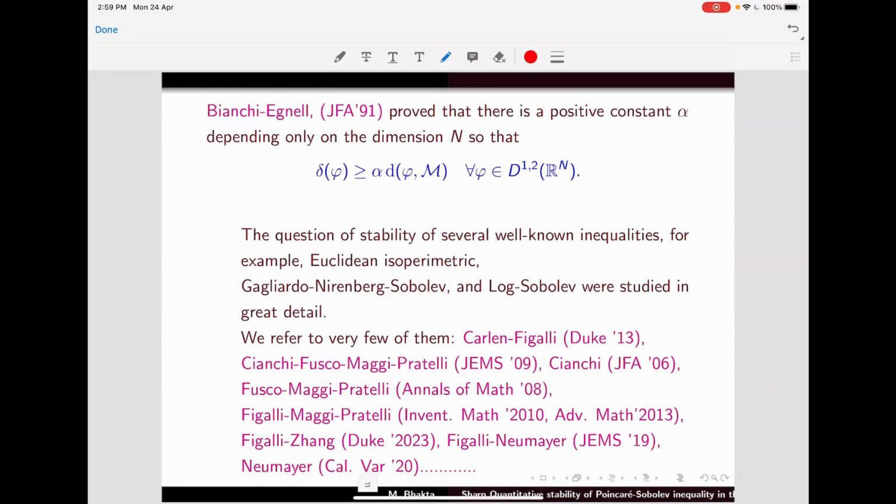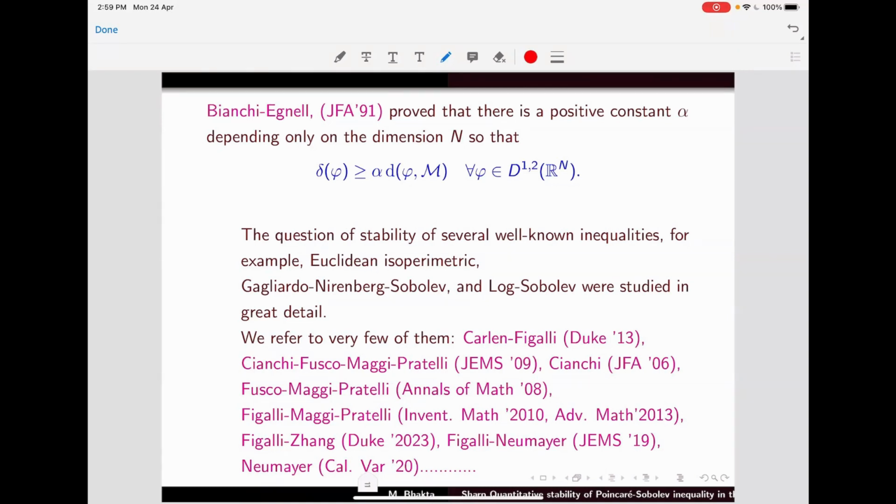They proved that this deficit functional controls the distance of phi from the manifold. That means that if a function phi almost optimizes the Sobolev inequality, then it is close to the set of extremal functions.